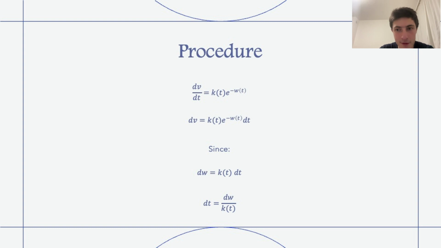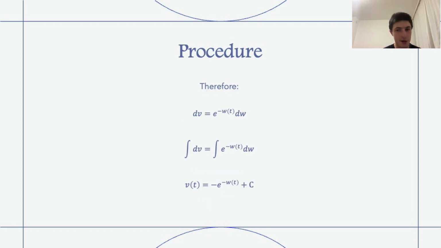Basically, w of t is the integral of dw, because it's a variable that you obtain from the integral of the variable itself, right? So we can rearrange in terms of dt this time, and we have dw over k of t, which means that we divide by k of t, and so that term disappears, which is really convenient.